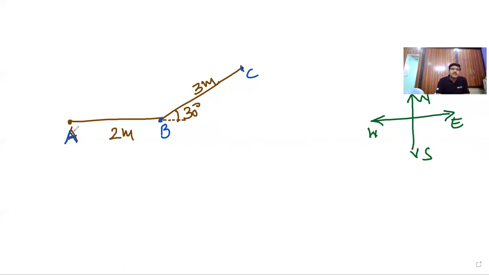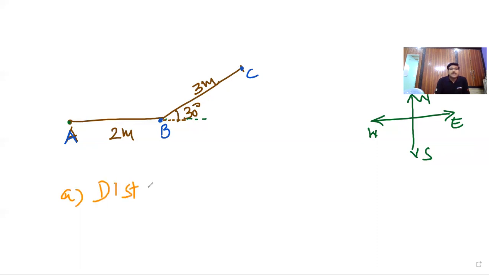Now observe, the person is moving from initial point A to B, 2 meters towards east. Then B to C, turning 30 degrees east with respect to horizontal and moving B to C. Now, he is asking two things. First is distance, second is displacement.